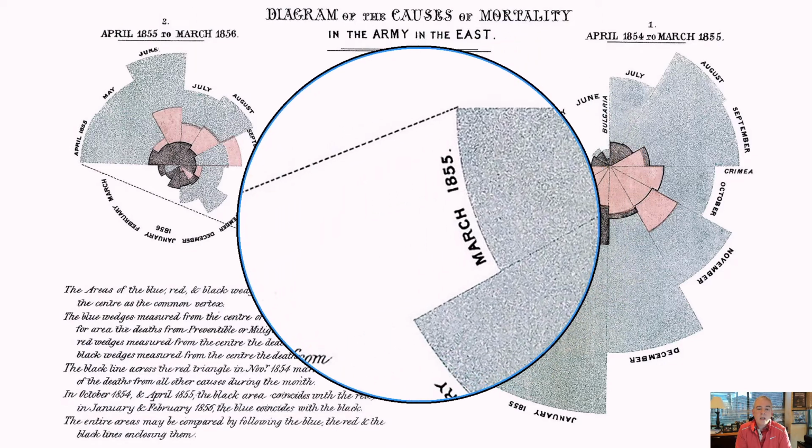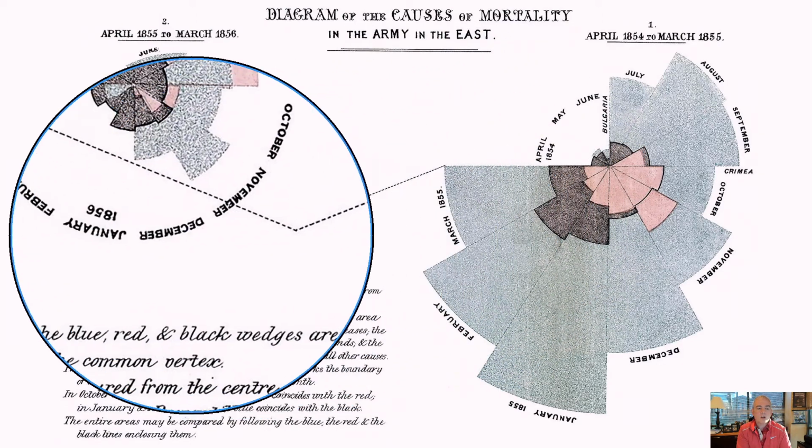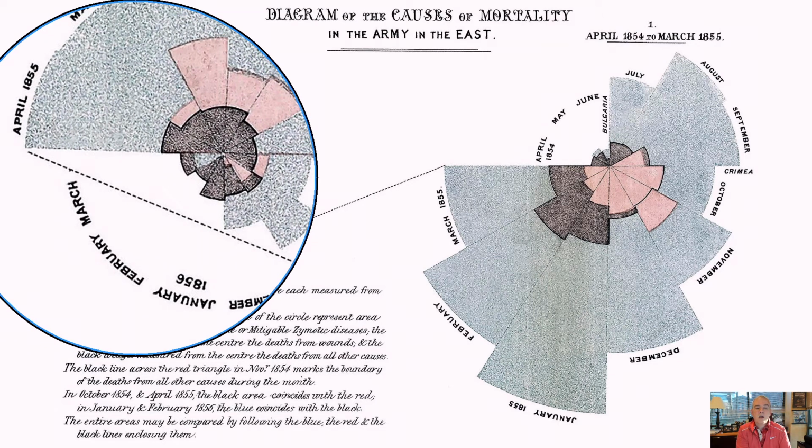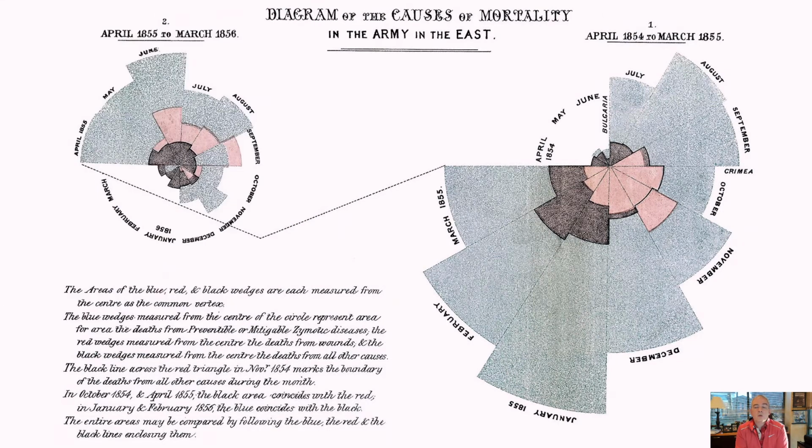And then there's a line drawn that we can follow across her diagram to the following year of April 1855 that then you can compare to the previous year. And so this is a year-over-year comparison in sort of a circular format around these wedges around a circle.